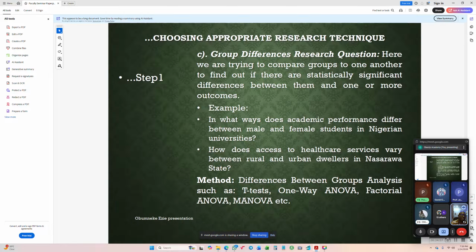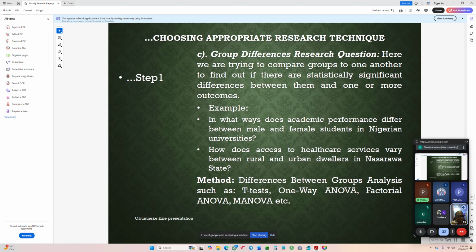So when you have a group differences research question, that means you have a particular group and another group, and you are trying to find out if there are any significant differences among these groups. It could be two groups, three groups, or four groups. The method of analysis that best tackles it is the t-test, the one-way ANOVA, factorial ANOVA or MANOVA, right? Most of these studies are usually for primary data research work.